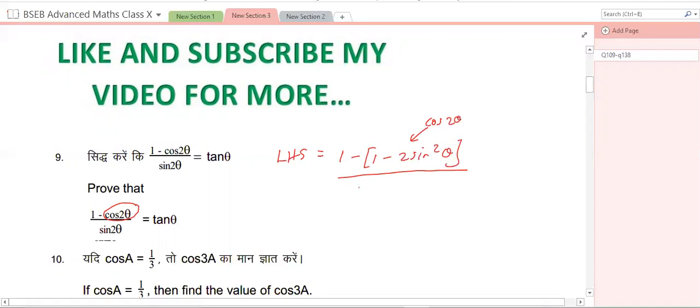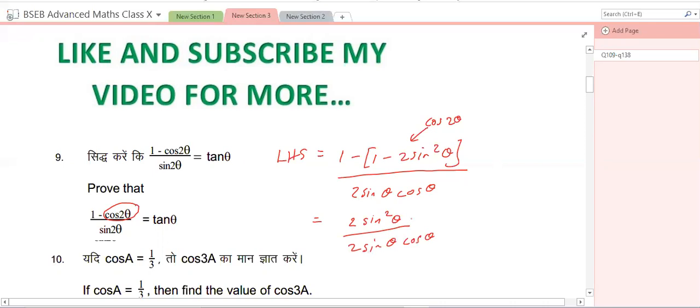And sine 2 theta is 2 sine theta cos theta. Now remember, 1 minus 1 cancel out, negative and negative makes a positive. So what we have on top is 2 sine squared theta over 2 sine theta cos theta.